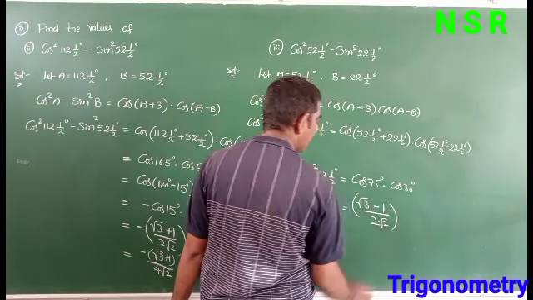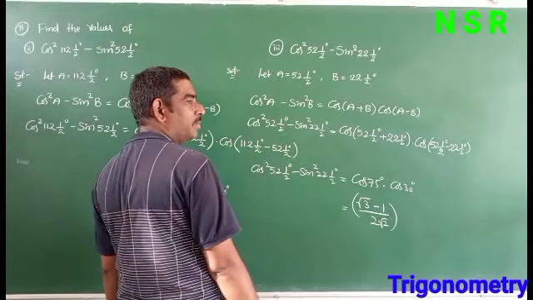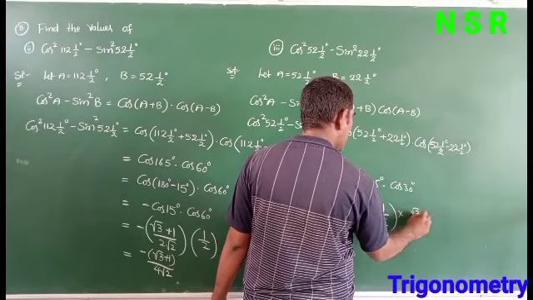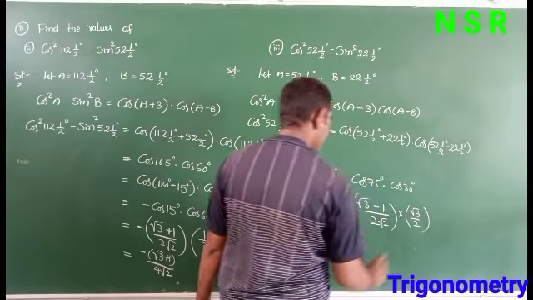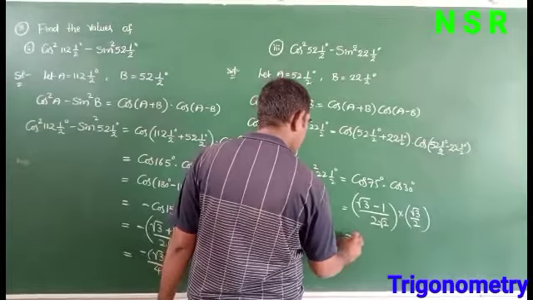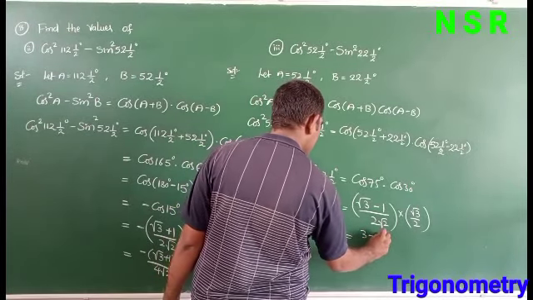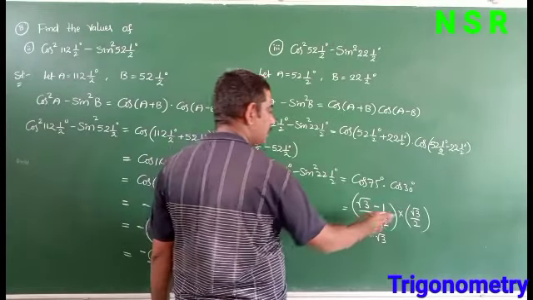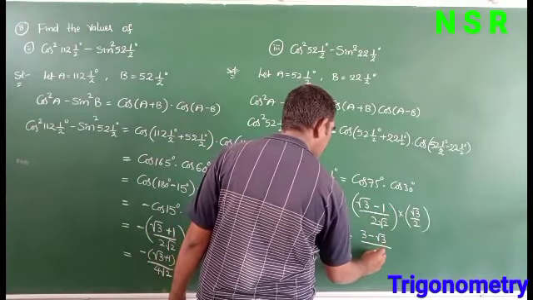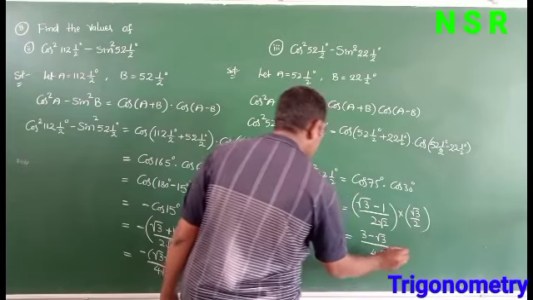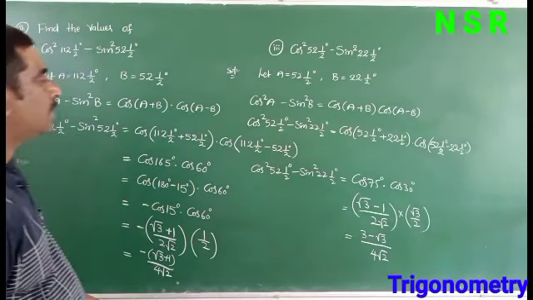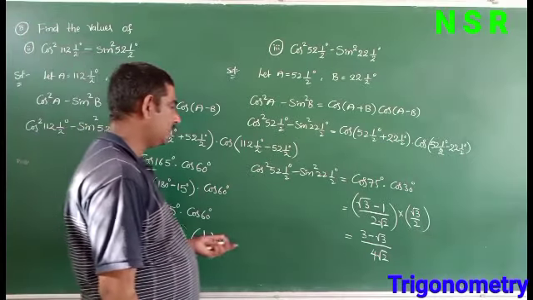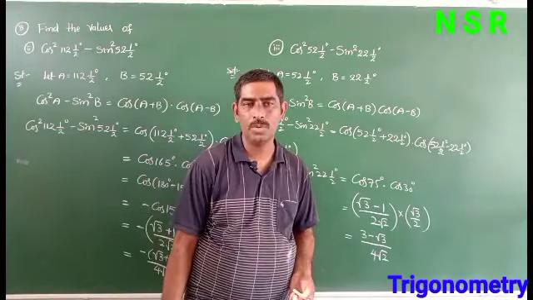Cos 75 value root 3 minus 1 by 2 root 2 into cos 30 value root 3 by 2. Multiplying: root 3 into root 3 is 3, root 3 into 1 is root 3, and by 2 root 2 into 2, 4 root 2. So the value of cos square 52 and half minus sin square 22 and half is 3 minus root 3 by 4 root 2.